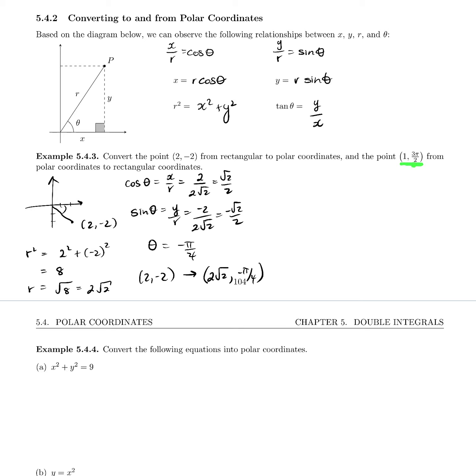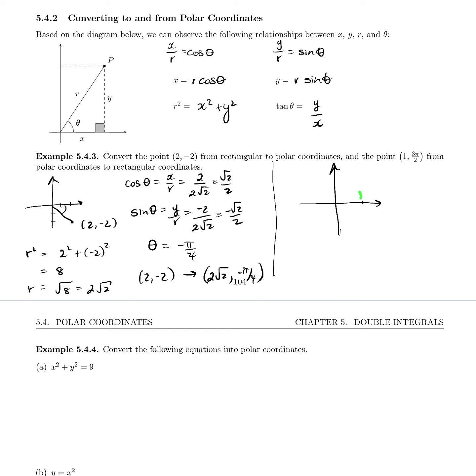Let's look now at the point that's given in polar coordinates and convert it to rectangular coordinates. So let's start the same way. Let's plot that. We know how to plot polar coordinates. First of all, we draw axes that are not crooked. We need to go at a distance of 1 unit, and we need to go round an angle of 3 pi over 2.